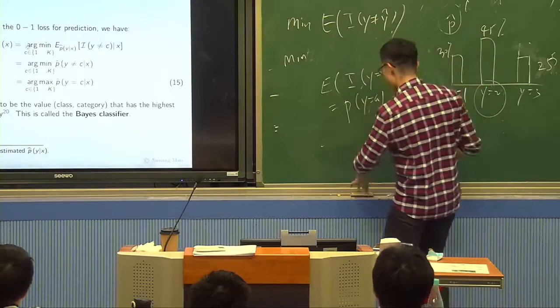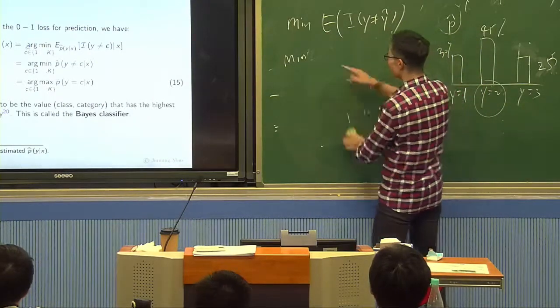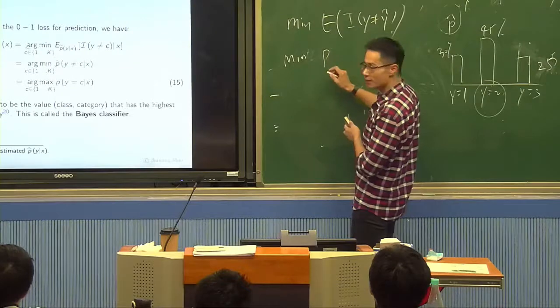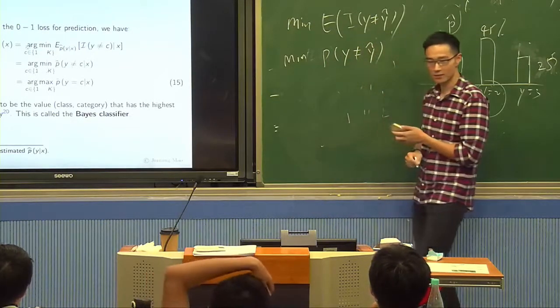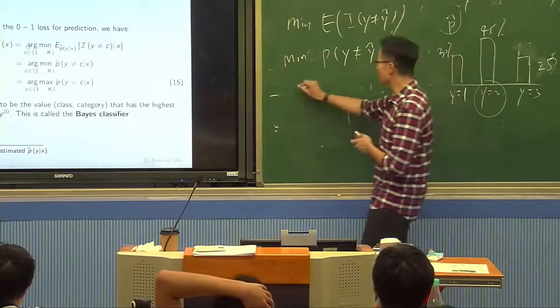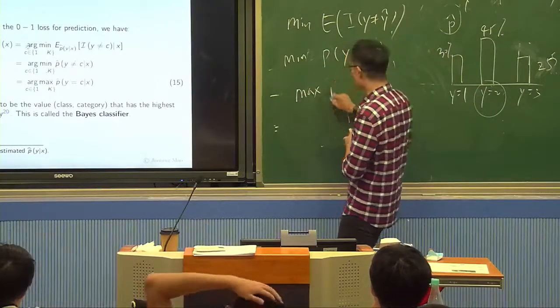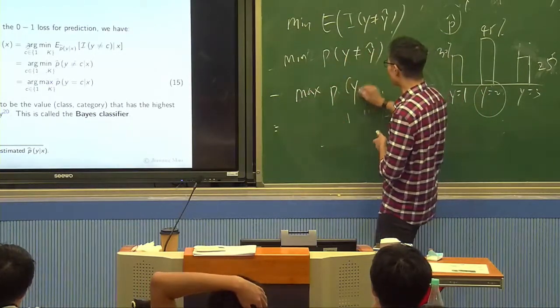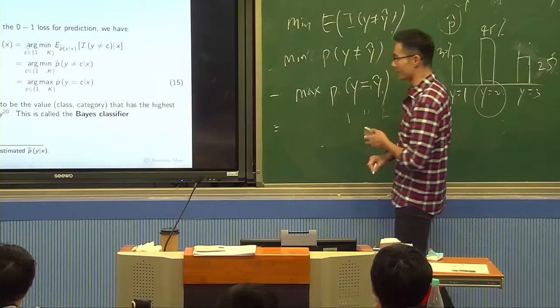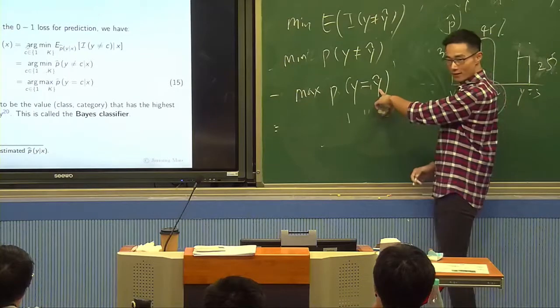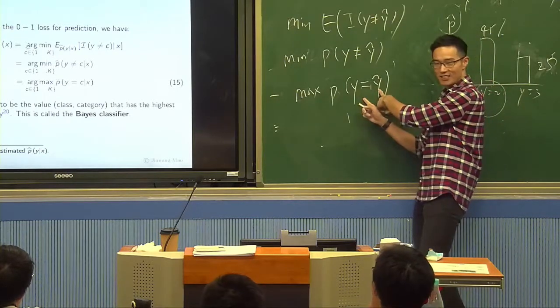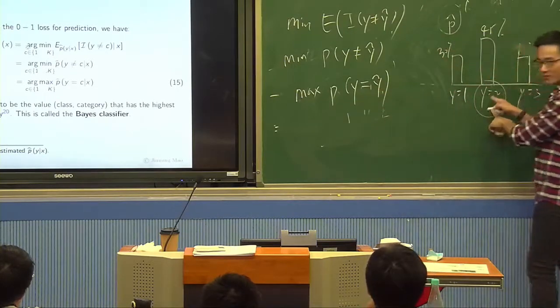So minimizing this expectation is the same thing as minimizing the probability that y does not equal y hat, which is maximizing the probability that y equals y hat, right? Okay, so I basically need to choose a y hat that has the highest probability, correct? So that gives us this one, right?